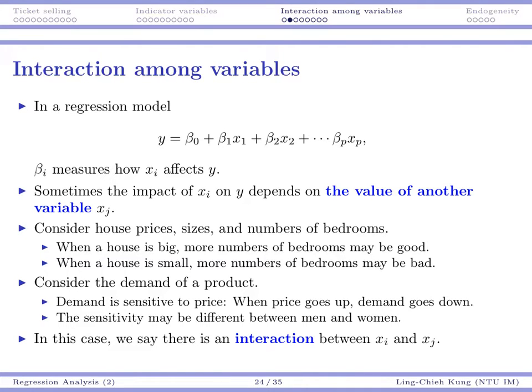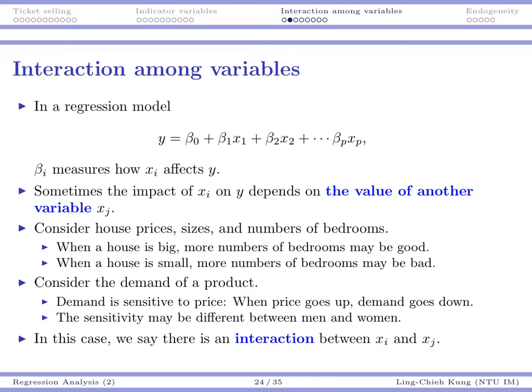For example, if we talk about house prices, sizes and the number of bedrooms may have some impact on price, but the impact may be different when size is different. If we have a big house with no bedrooms, then it's bad. In that case, the number of bedrooms may have a positive impact.